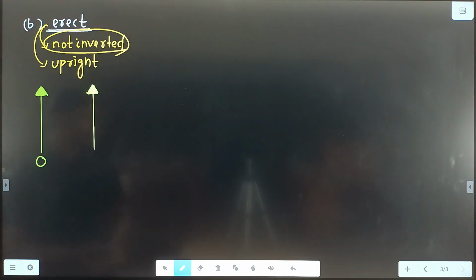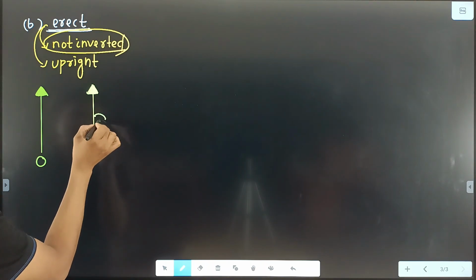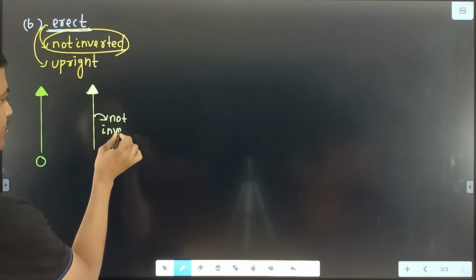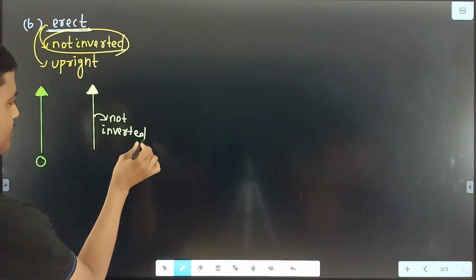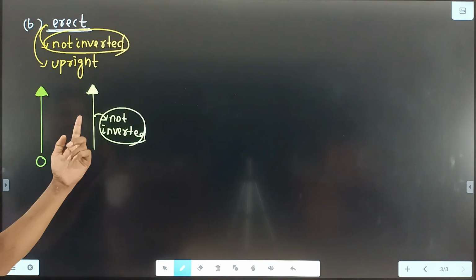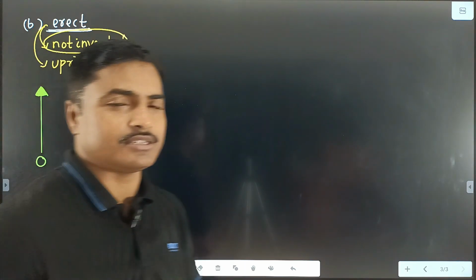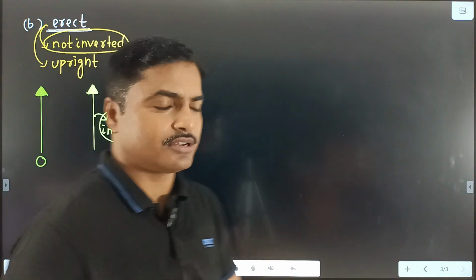If the situation is just like this, the image is not inverted. So we write this is the image, and that one is the erect image. Erect image means not inverted.